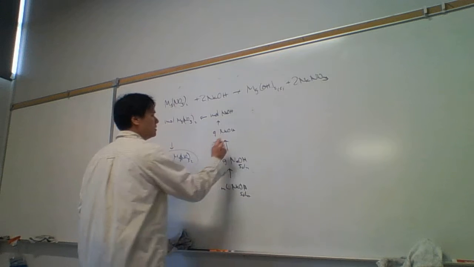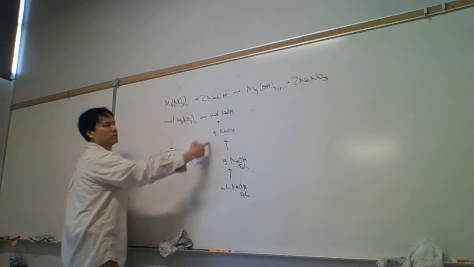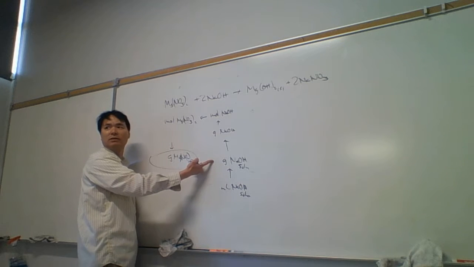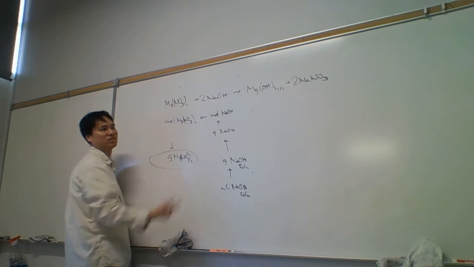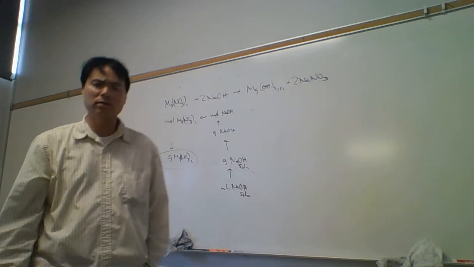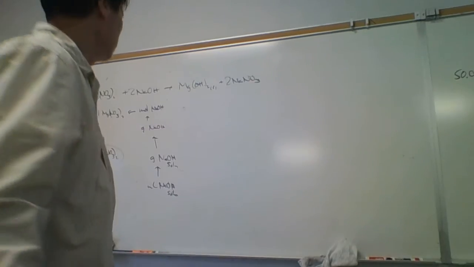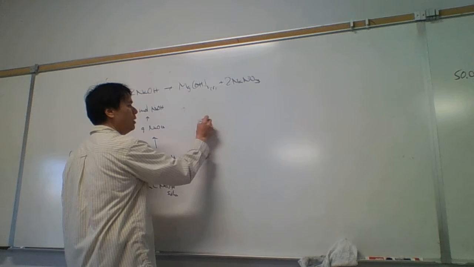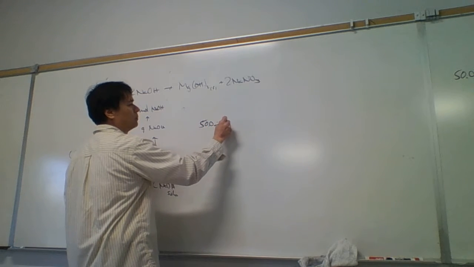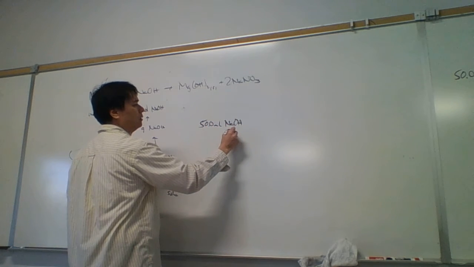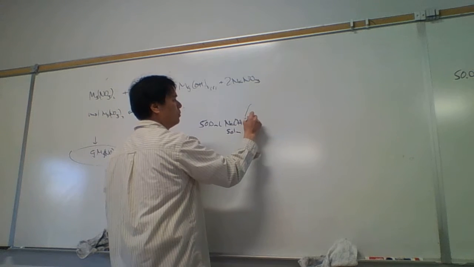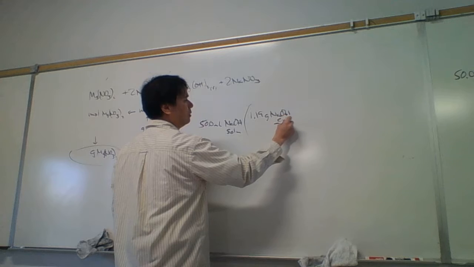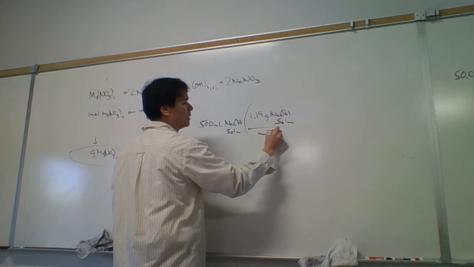And so this is it. This is just standard stoichiometry. The reason this is an advanced problem is because we have to do 2 extra steps, but the two extra steps, individually taken alone, aren't that hard. So we'll just string everything together. We have 50.0 milliliters of sodium hydroxide solution. And then the density is 1.19 grams of sodium hydroxide solution per milliliter of sodium hydroxide solution.